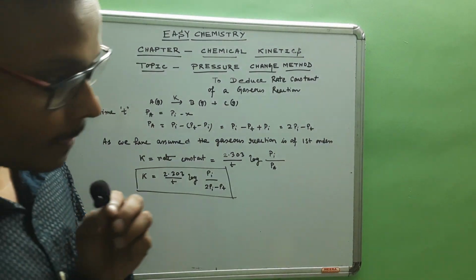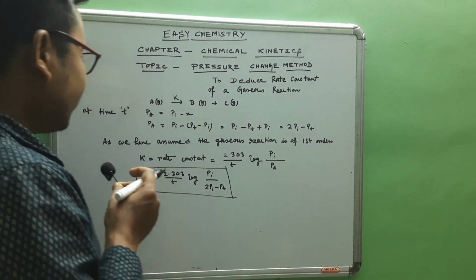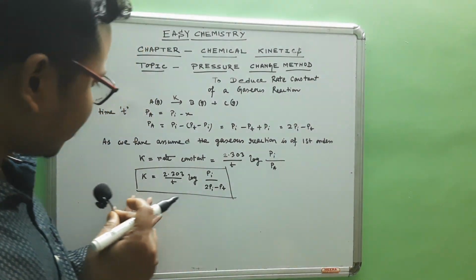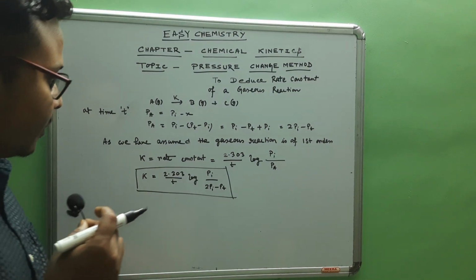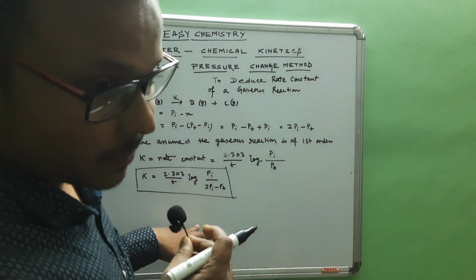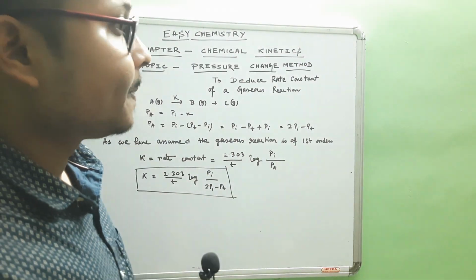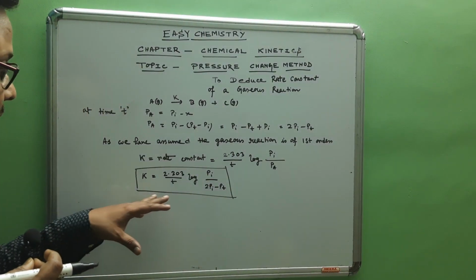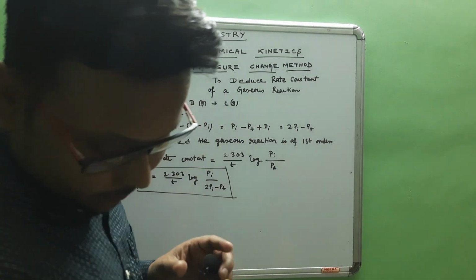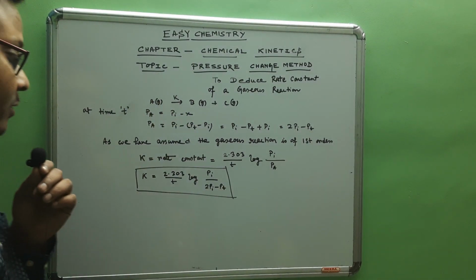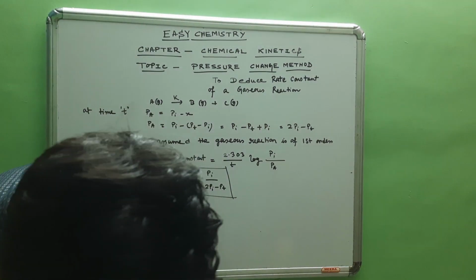And now we are going to look at an example which can be solved with the help of this equation. My dear students, I am requesting you to please write down the equations.